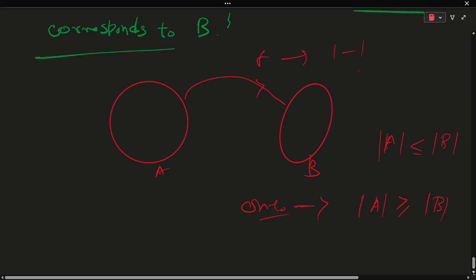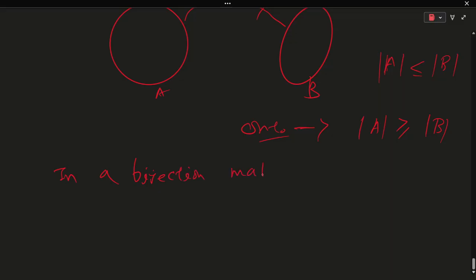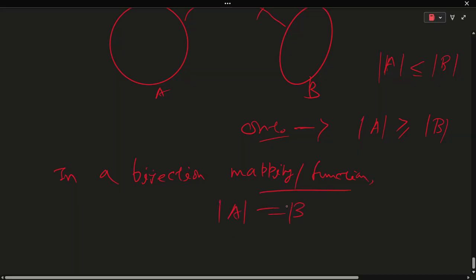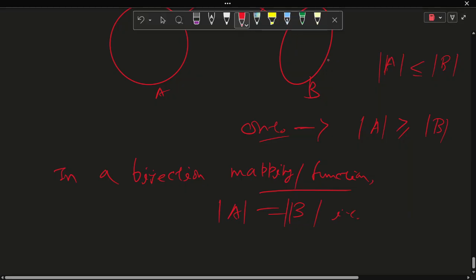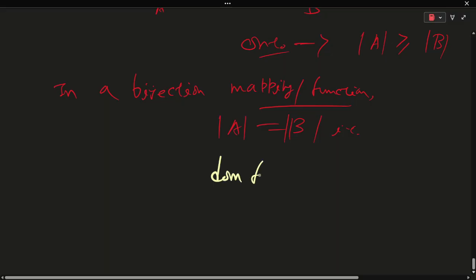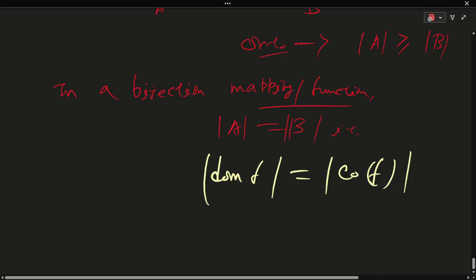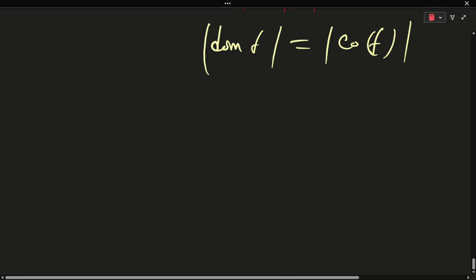So in a bijection mapping, the cardinality of A equals the cardinality of B, that is, the domain and the codomain of f have the same cardinality.